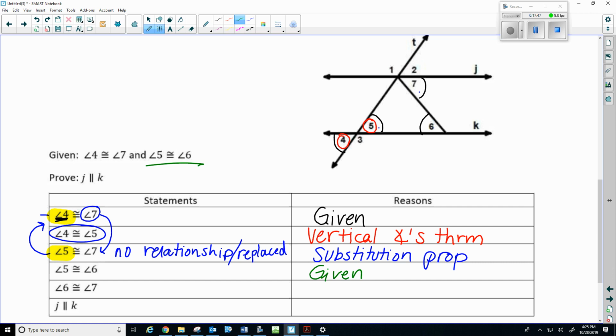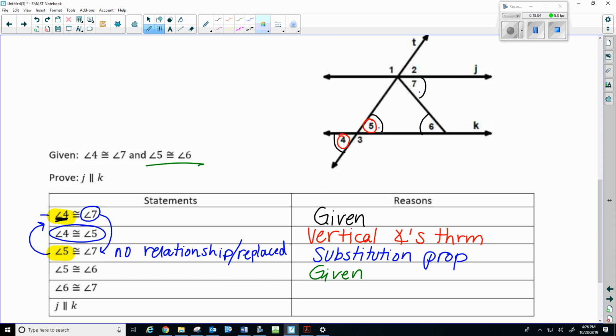We can look at this as another substitution. Let me find a different color, it's orange.